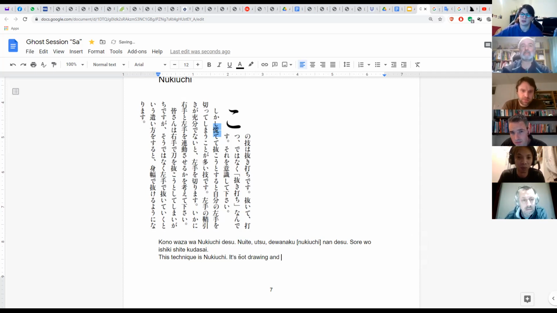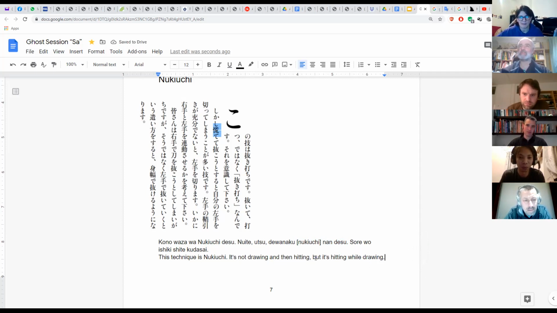But it's drawing while hitting. Yes, it's a kind of combined, connected movement, isn't it? Sorry, hitting while drawing. Yeah, wrong order.